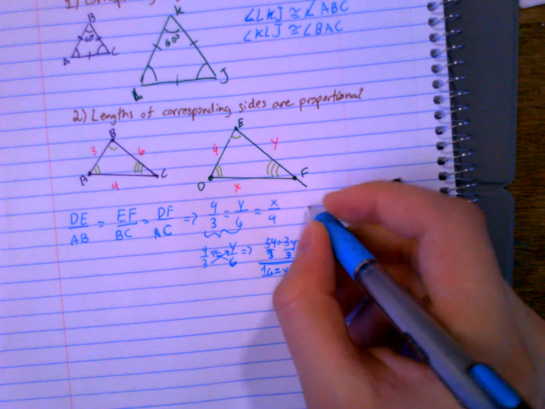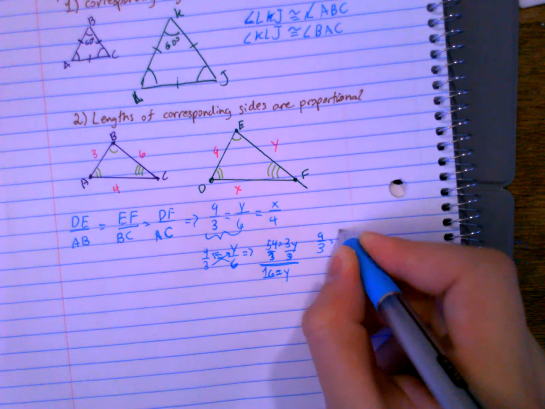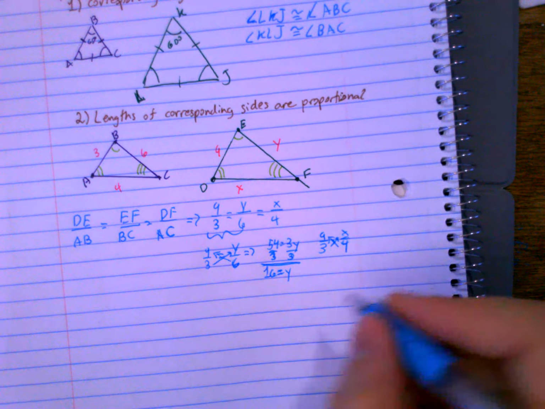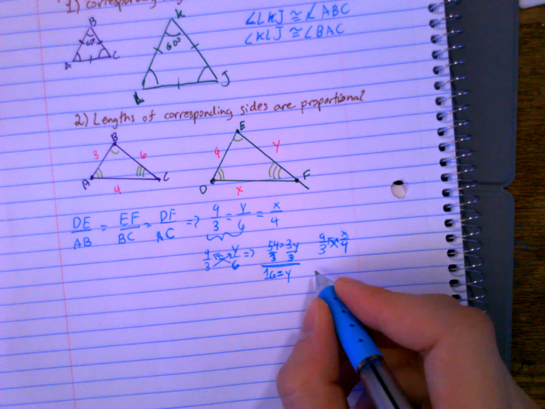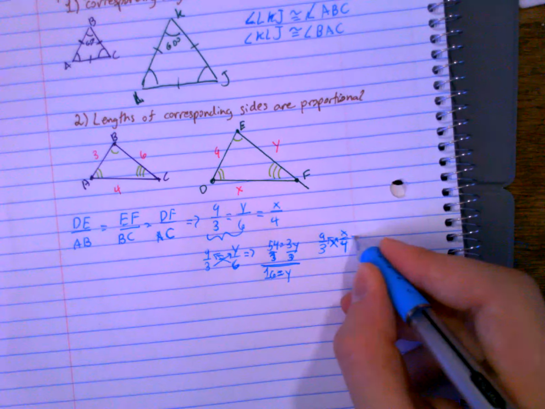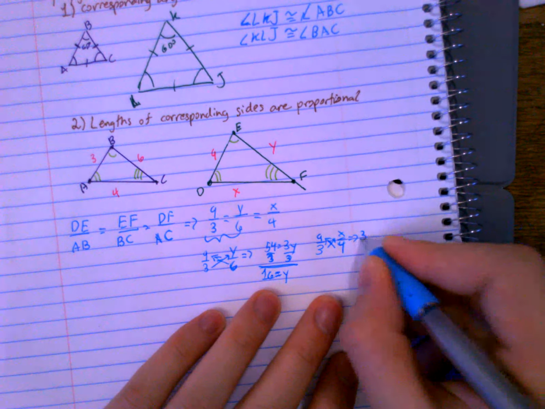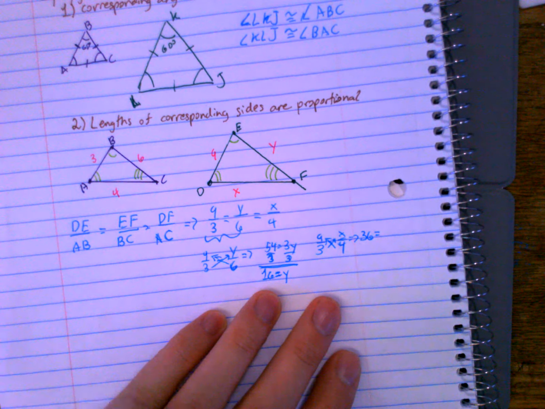So to keep it simple, I would reuse 9 over 3 equals x over 4 and then just solve again. Cross multiply. We get 9 times 4, which is 36. And 3 times x is 3x.